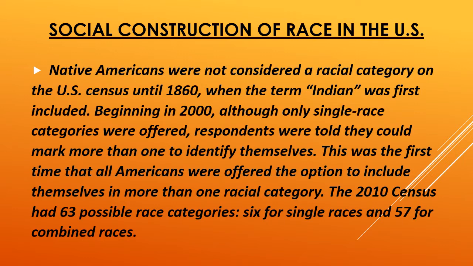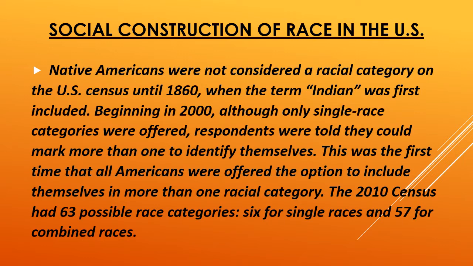This was the first time that all Americans were offered the option to include themselves in more than one racial category. The 2010 census had 63 possible race categories, 6 for single races and 57 for combined races.